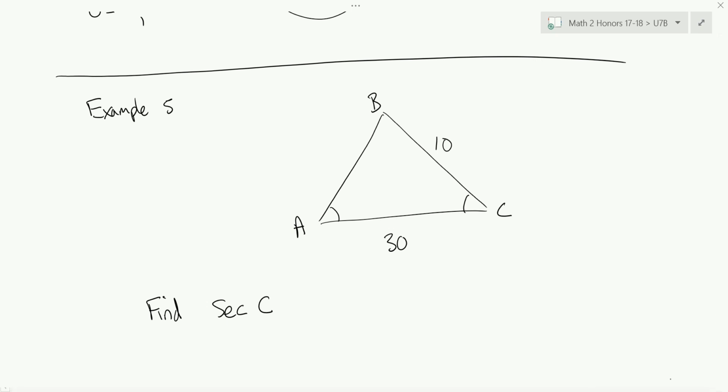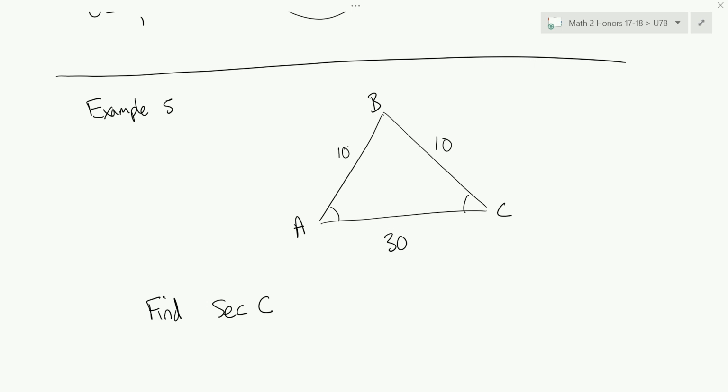Isosceles. How do we know it's isosceles? The base angles are the same, and there's a theorem that we studied a while ago. Remember the name of that theorem? The isosceles triangle theorem. Actually, it's the inverse of the isosceles triangle theorem.